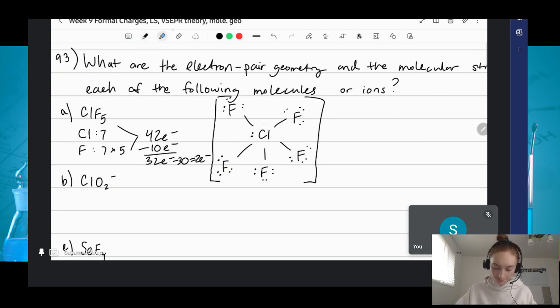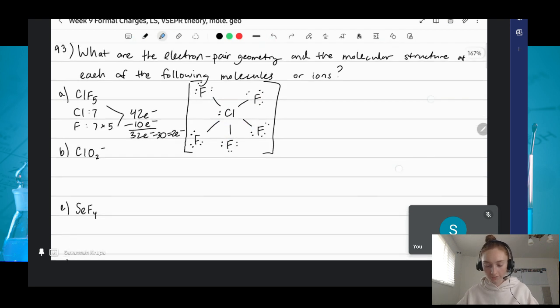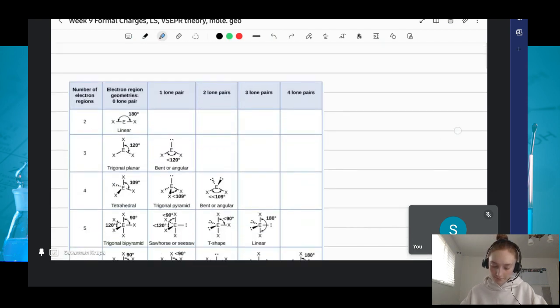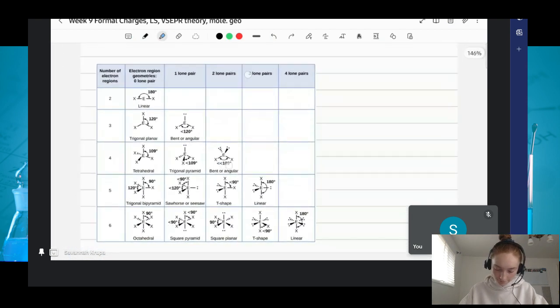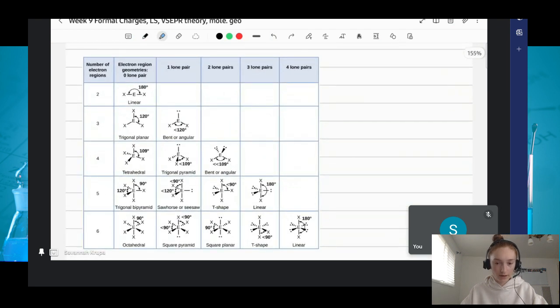So chlorine has 1, 2, 3, 4, 5 bonds, and it has 1 pair of lone electrons. So I have a PDF of the names for everything, but you'll end up needing to memorize or at least become familiar with a lot of the main ones. So we have 5 pairs as well as 1 pair of lone electrons.